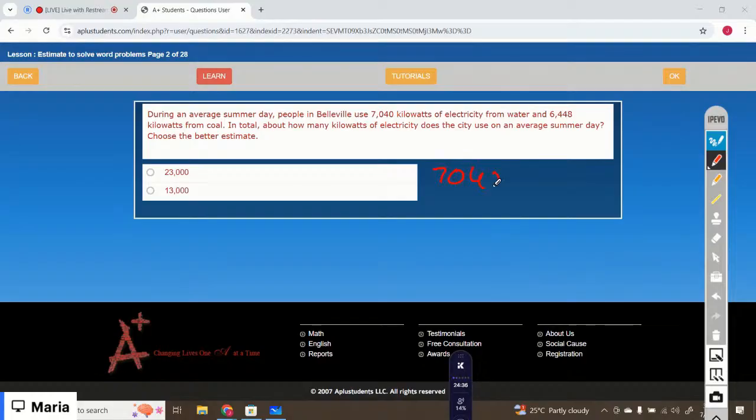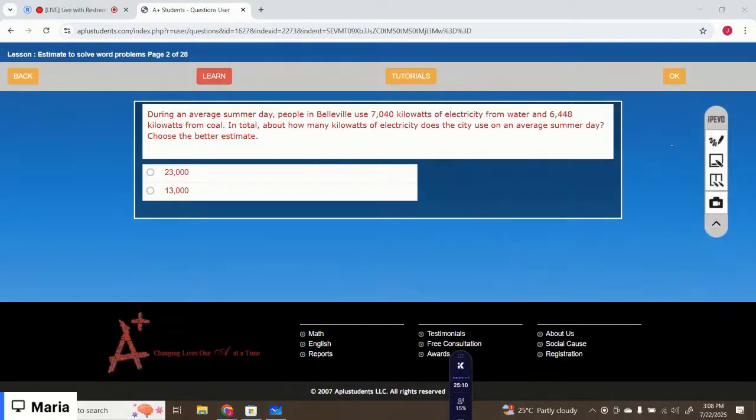So we need to round them off. 7,040 is rounded to 7,000 and 6,448 is rounded to 6,000. So we need to add 7 plus 6 makes 13. That is 13,000. Option number 2 is the correct option.